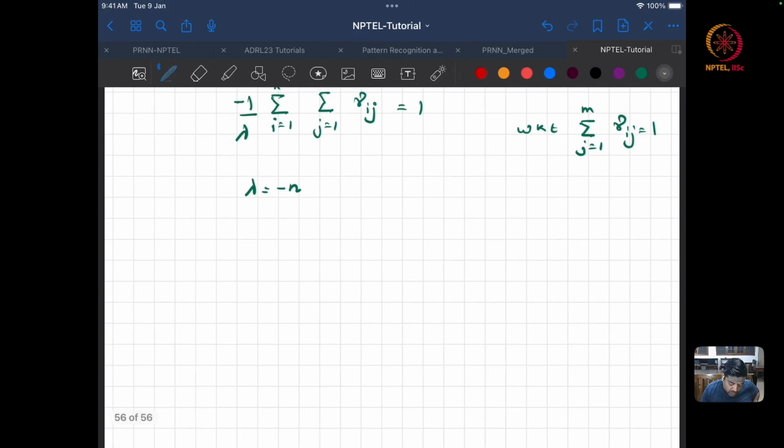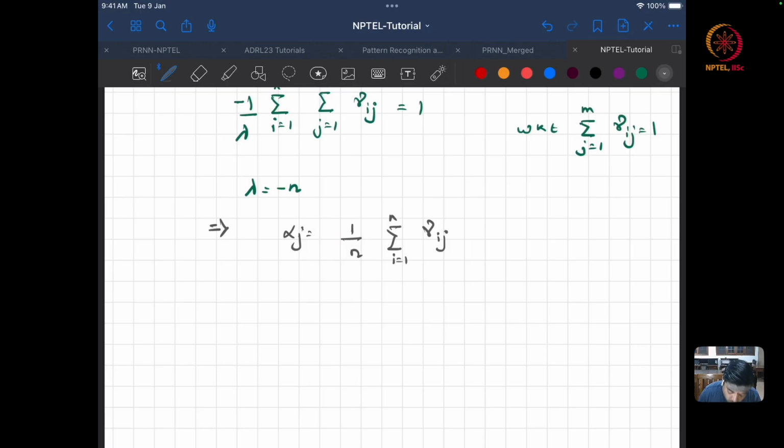Now, which directly implies that alpha j is 1 over n, summation i equal to 1 to n of these responsibilities. Okay, this is how I obtain it for alpha j. Now similarly I have to do it for mu j and sigma j as well.